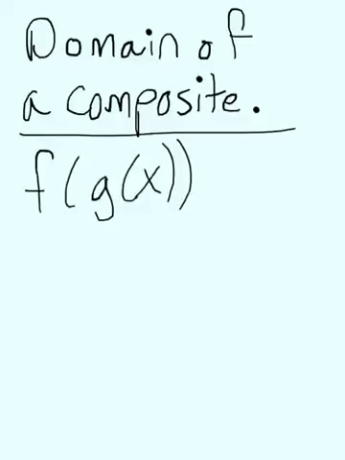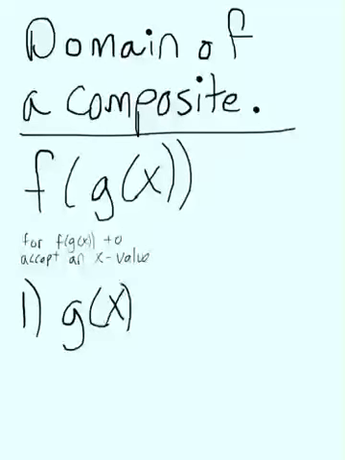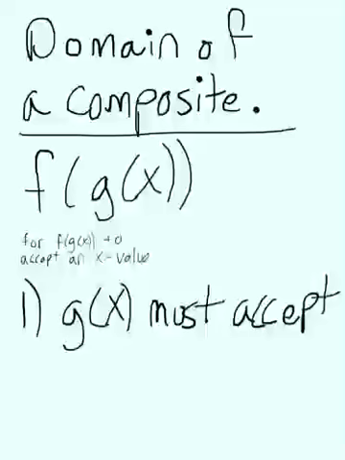So, in other words, what I'm trying to say here is for f of g of x to accept an x value, a couple of things have to happen. G of x has to take it.